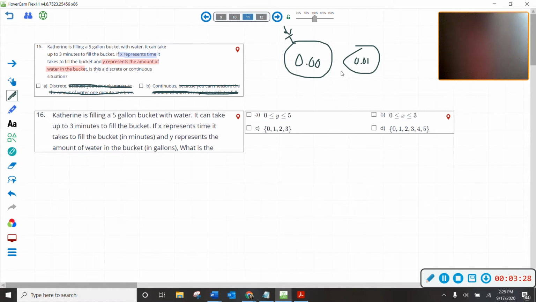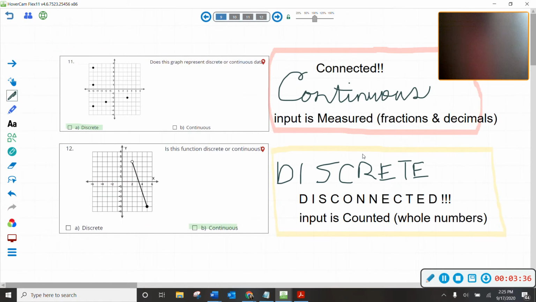So this stopwatch is actually measuring my time, and that's why it has decimals in it. Now, yes, of course, on a clock, we are using whole numbers.